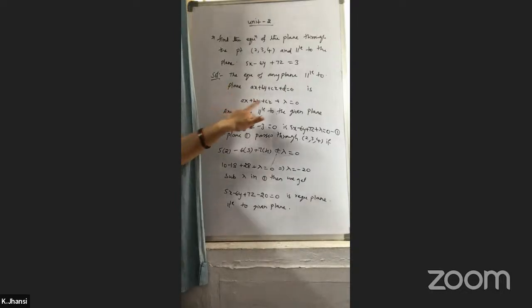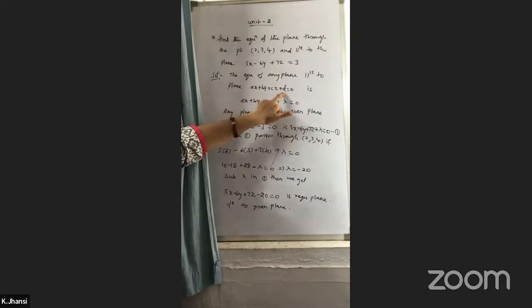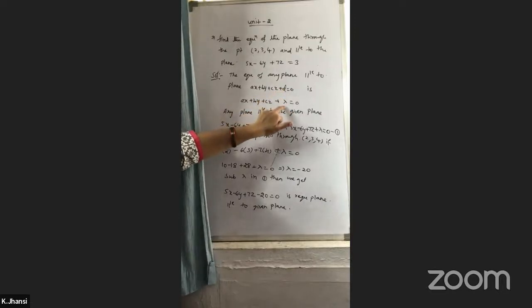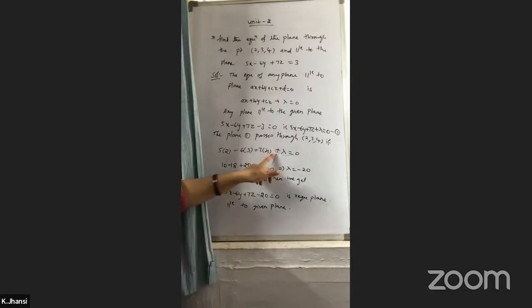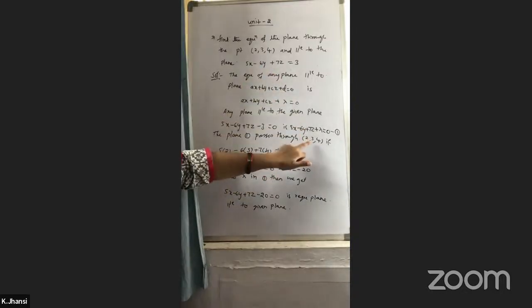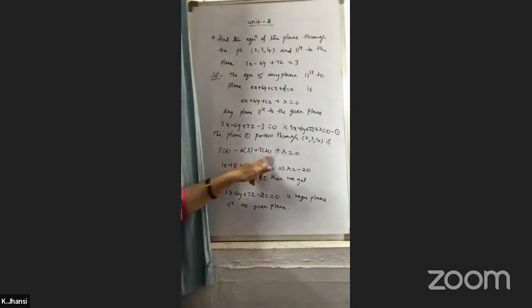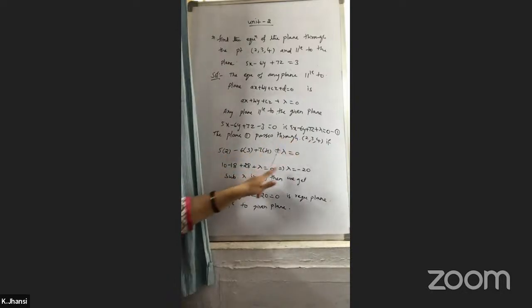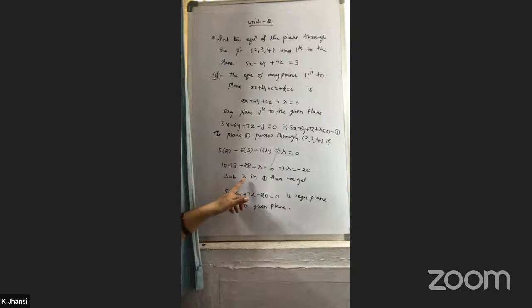So we need to find only the lambda value. You substitute the point's x, y, z values to get lambda, and if you substitute that lambda value in 1, we get the required plane equation which is parallel to the given plane.